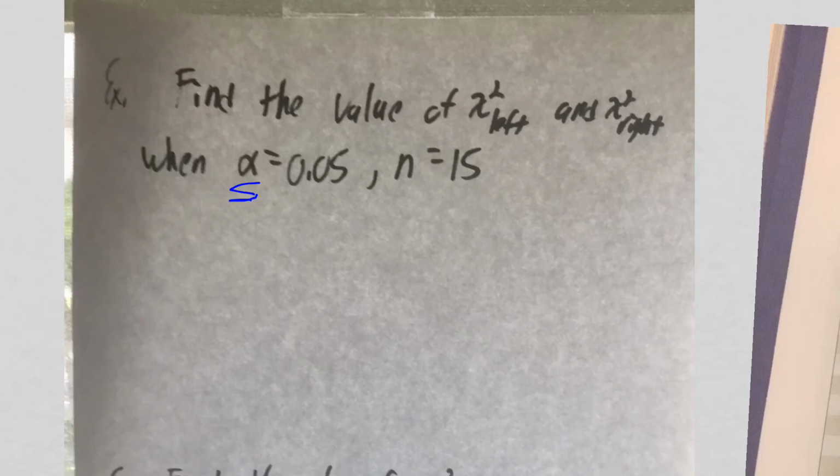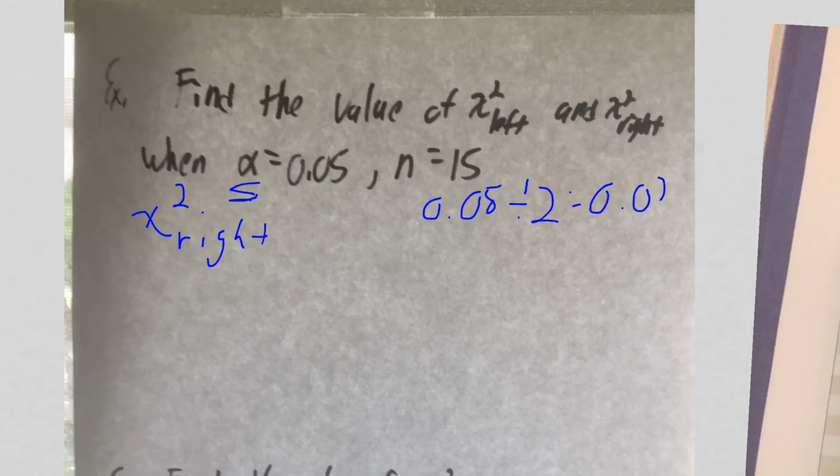So what we have to do first, we're always going to start with chi-squared right. This is already the 1 minus, so we're going to take the 0.05 and divide that by 2, which gives me 0.025. We're going to go over to this table.